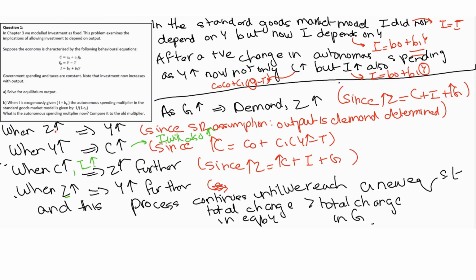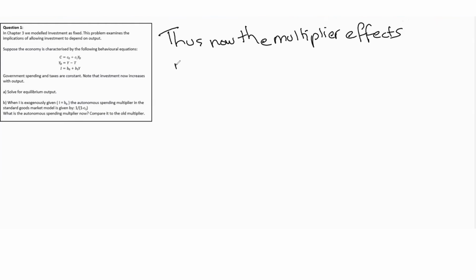So what we're trying to say is that now the multiplier effect works through two channels, consumption and investment.